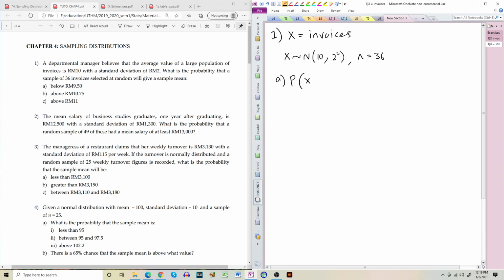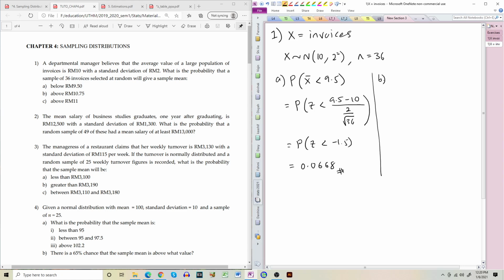P X bar less than 9.5. This is the answer for A.